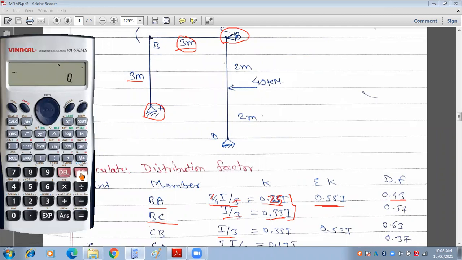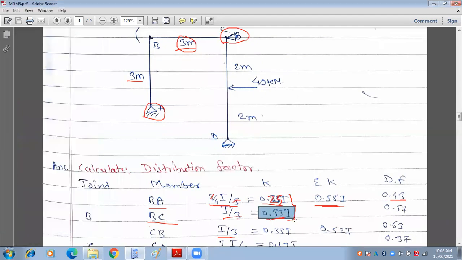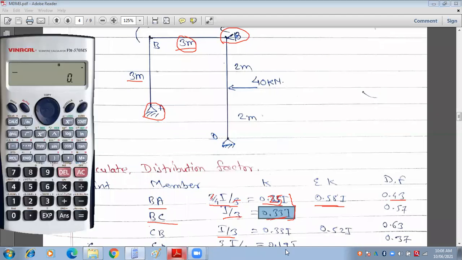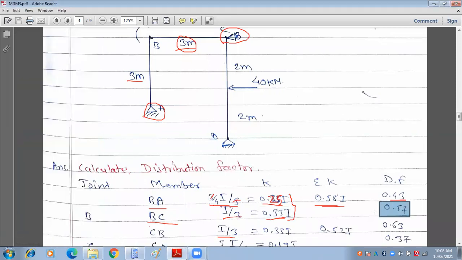Or you may calculate it like this: the relative stiffness divided by the sum of K, 0.33 divided by 0.58, becomes 0.568. Round up this value to 0.57. That's why this term is 0.57.